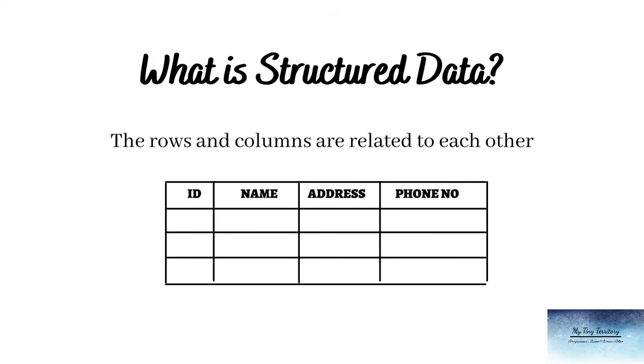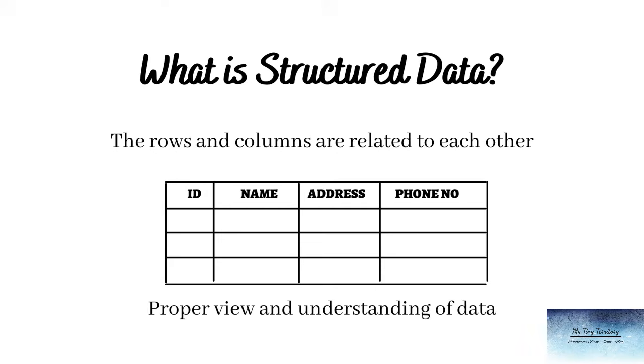The rows and the columns have to be related to one another. That means the overall data has to be related to each other. When the data is related to one another, we get a proper view and understanding of the data. Hence, relation is the most important part of structured data.